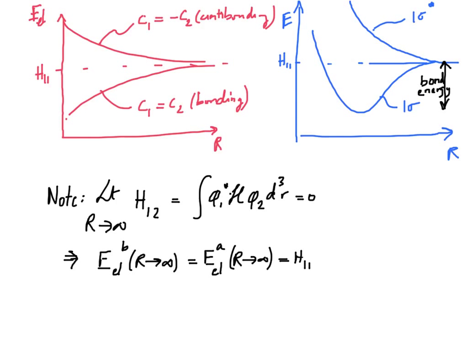And of course, this energy that corresponds to the difference between the minimum here and H11 is the bond energy, and the R that corresponds to the minimum is the bond length.